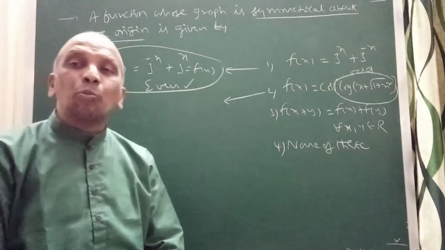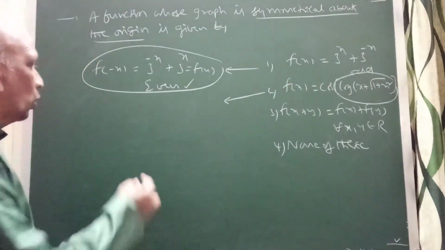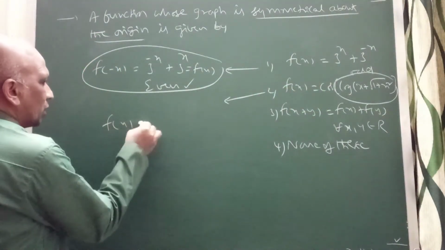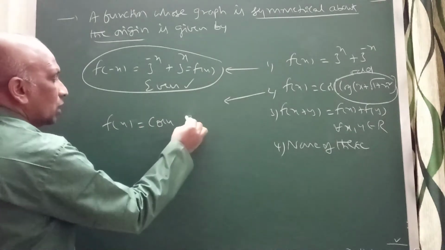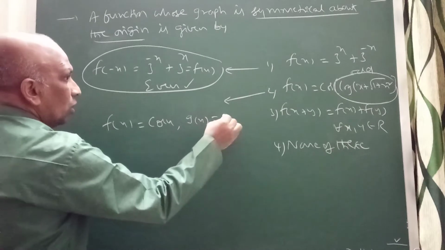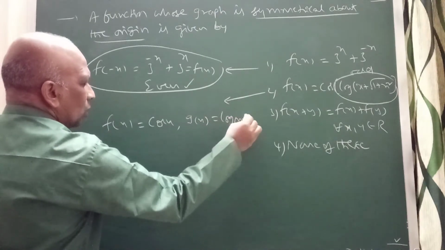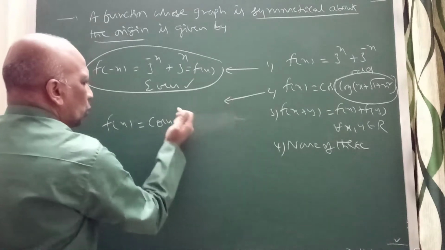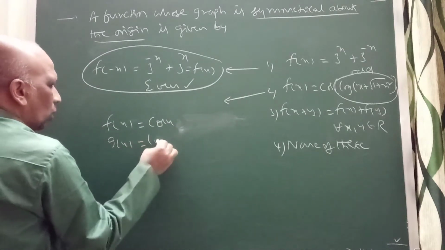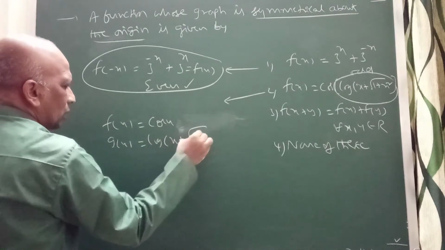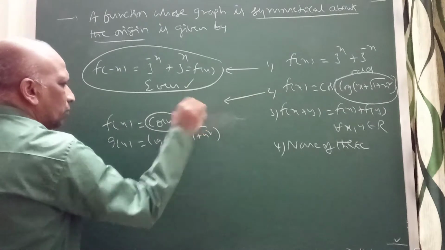So when they are taking composite functions, suppose I take f of x equal to cos x, and g of x equal to log of x plus root of 1 plus x square. Clearly we know that cos x is an even function.